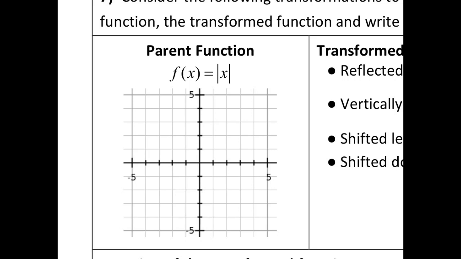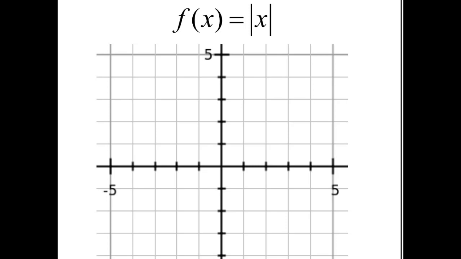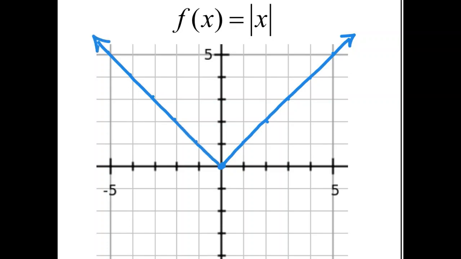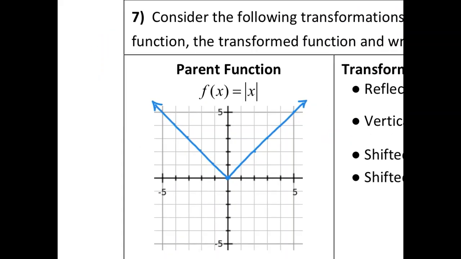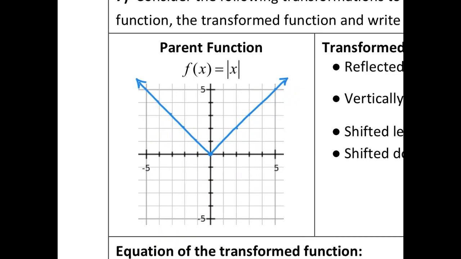Now remember that the parent function of the absolute value function has a vertex at 0, 0, that the right side of the graph has a slope of 1, which means you go up 1 and over 1, and it goes in this direction up and to the right, and that the left side of the graph is symmetrical to the right side, and it has this slope and goes up and to the left like that. So that's the parent graph of your absolute value function.